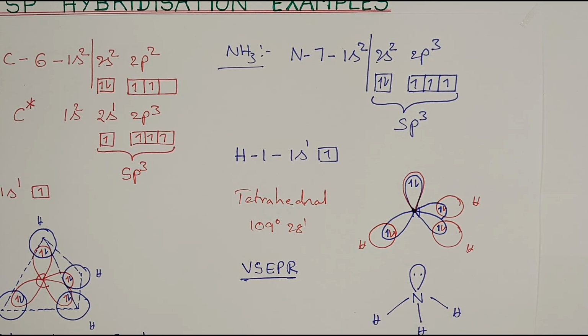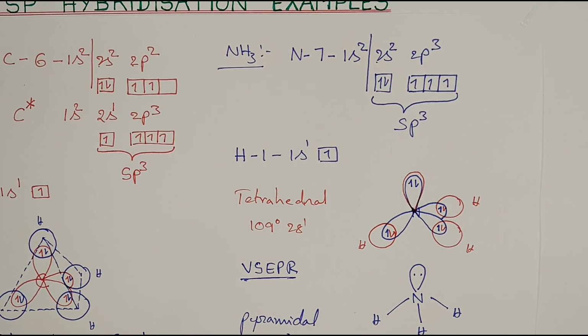The bond angle changes from 109 degrees 28 minutes to 107 degrees, and the shape changes from tetrahedral to pyramidal.